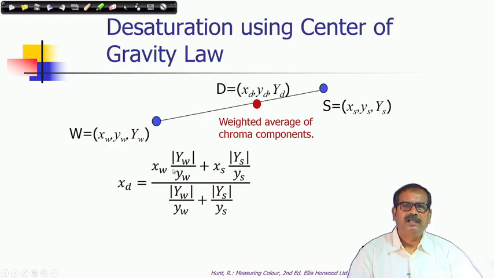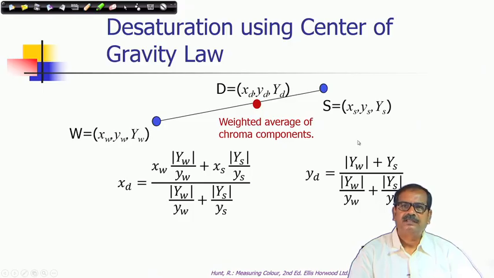So, y_w by this y_w. I will explain these notations or symbols. So, this is the weight. If you multiply with the corresponding values and take the weighted average, you get x_d. Similarly, you get y_d. You note that this value is the multiplication of this weight with y_w, and this value is the multiplication of this weight with y_s.